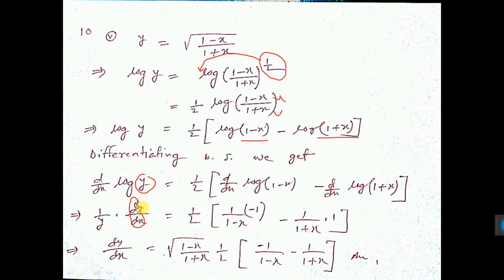This is chain rule. Then log of this one you consider x, log x means 1 by x. Again d/dx of this, chain rule. d/dx of 1 is 0, I have not written, and d/dx of x minus x is minus 1. So this is the answer.